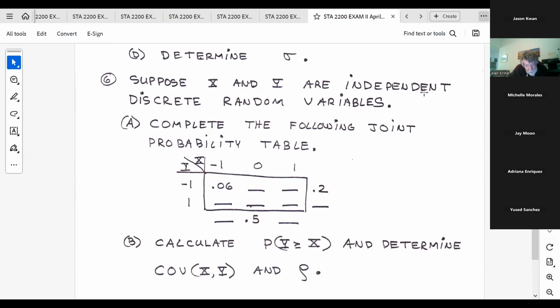So we know the variables are independent. What does that mean? The definition of independence means that every value in the center of the table can be obtained by taking the product of the marginals. Okay, that's the key. If you overlook the word independent, you can't do this problem.